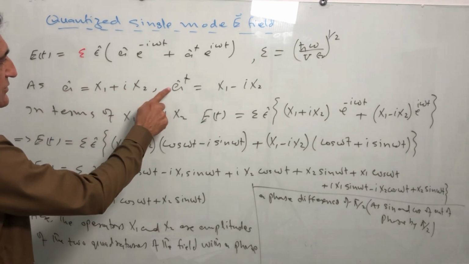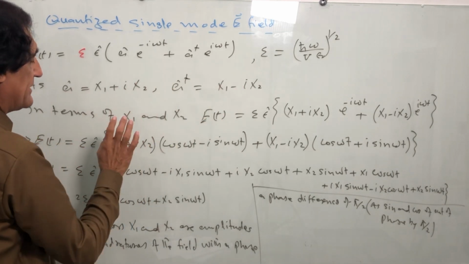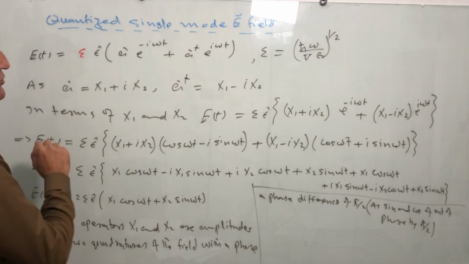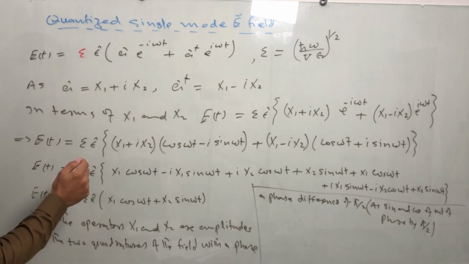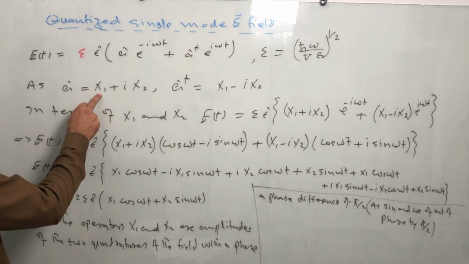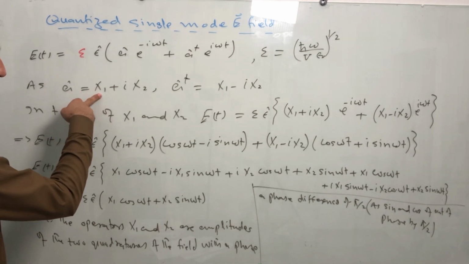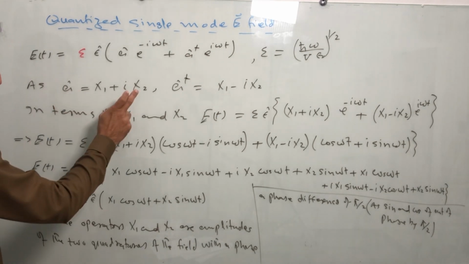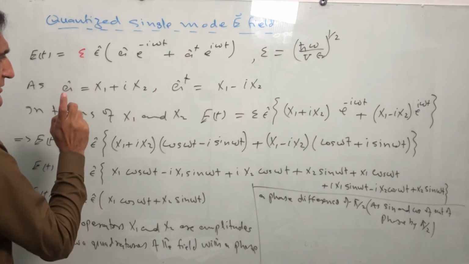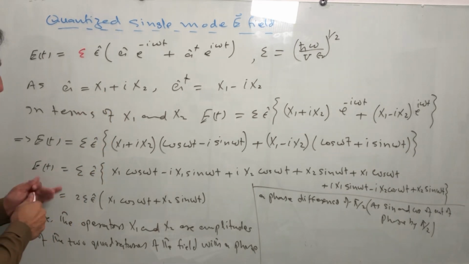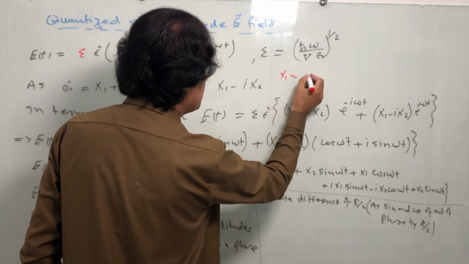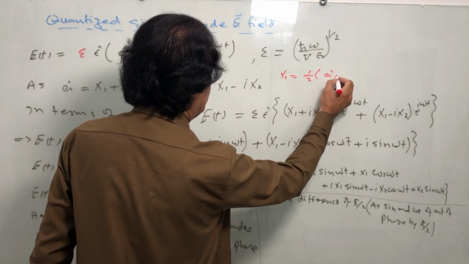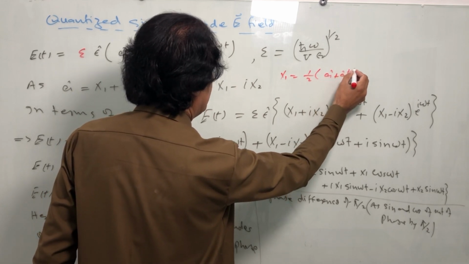A is equal to x1 plus iota x2, and a dagger is equal to x1 minus iota x2, and you can find x1 from these two equations, and x2 as well. If you add these two expressions, then this term and this term will be cancelled out, and you can get x1, which is equal to 1 over 2 times a plus a dagger.